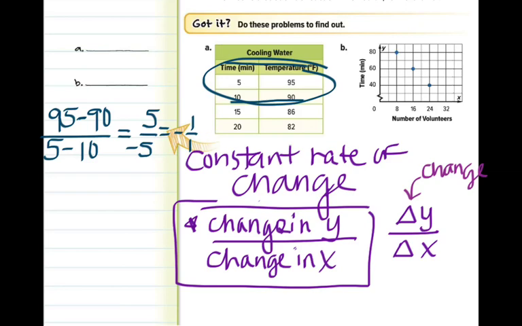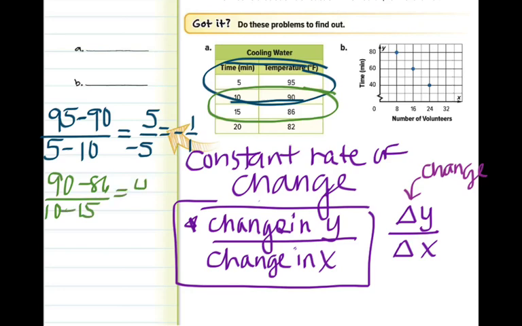However, if we take a look from 10 minutes to 15 minutes, and we were to find our change in y, so if I said 90 minus 86 over 10 minus 15, see how I get 4 over negative 5? These two numbers are not the same.